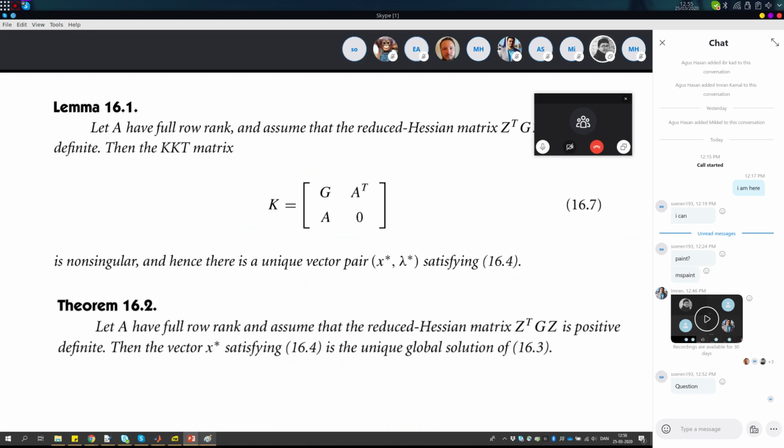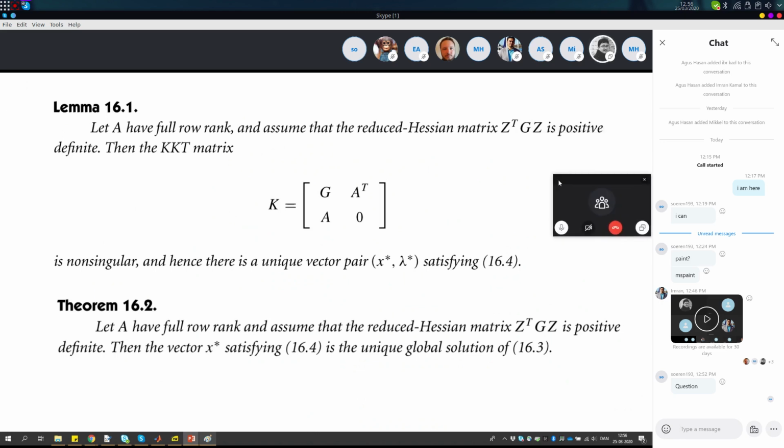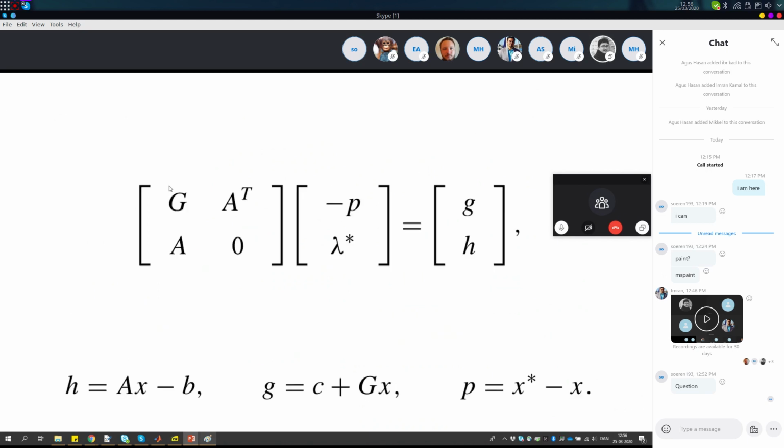And then here is the result. So the result says that if A has full row rank and we assume that the reduced Hessian matrix is positive definite, then the KKT matrix is non-singular. This is called the KKT matrix.